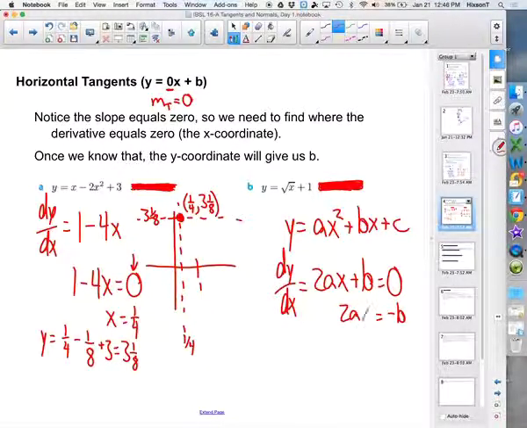I have 2ax, and x is negative b over 2a. You remember how we found the x coordinate of the vertex? We just memorized negative b over 2a. It comes from the derivative, set equal to 0.